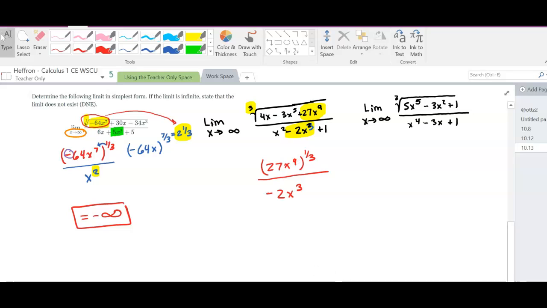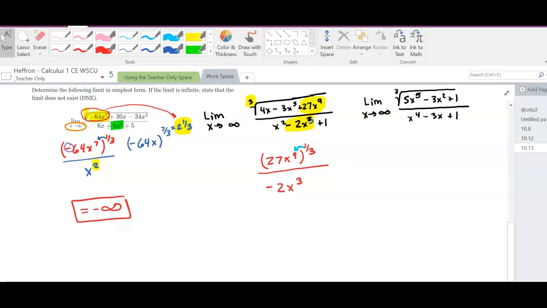Well, as we distribute this power in here, we have 27 to the 1/3, that's like the cube root of 27, times x to the 9 times 1/3. Well, that becomes 3. And in the denominator, we have negative 2x cubed.